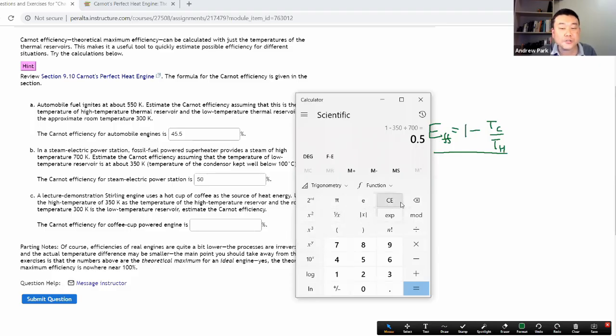The demonstration that I have is using something hotter than a cup of coffee. But anyway, let me go through this calculation. 1 minus the cold, 300, divided by the cup of coffee, 350 Kelvin, and I get 0.143, or in percent terms, that's equal to 14.3.